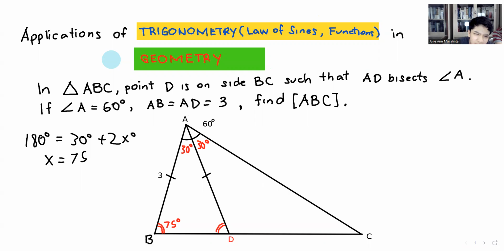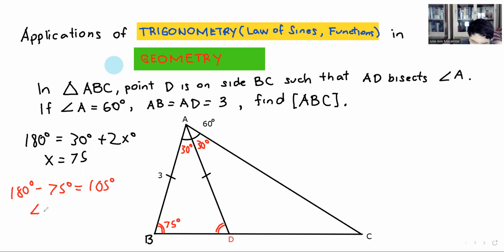Back to here. In this angle ADB, there's a supplementary angle CDA over there. So this is its supplementary angle. 180 degrees minus 75 degrees equals 105 degrees.